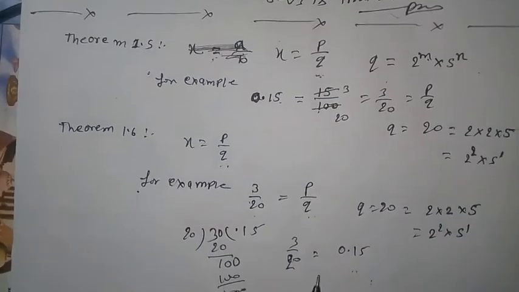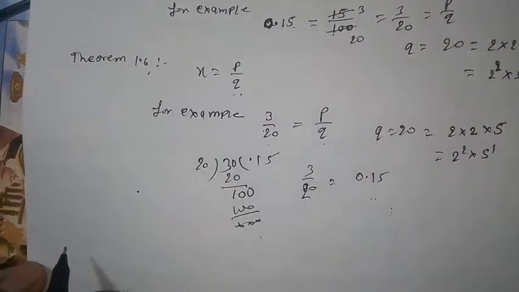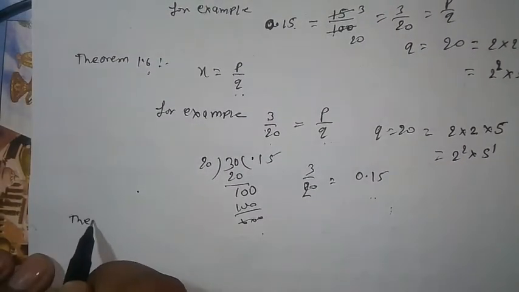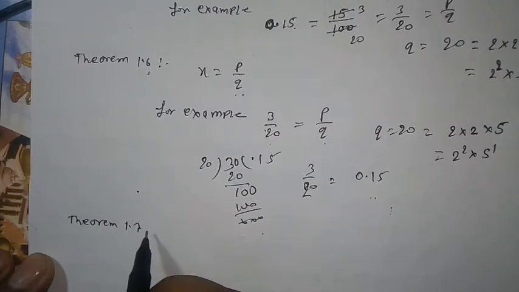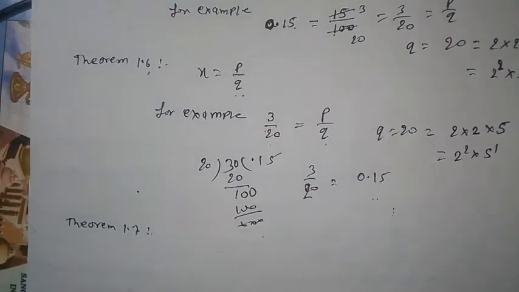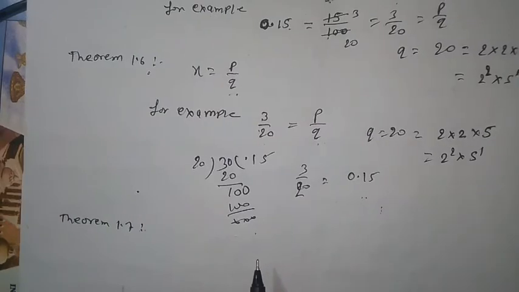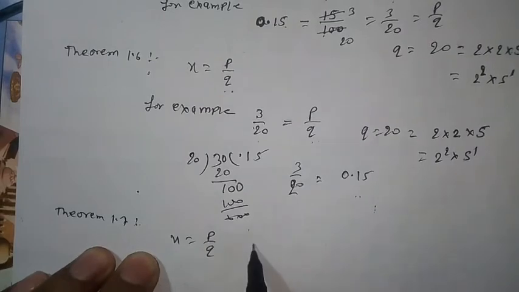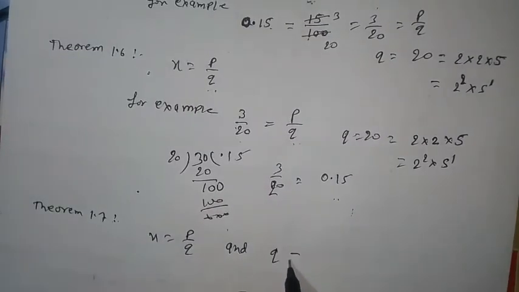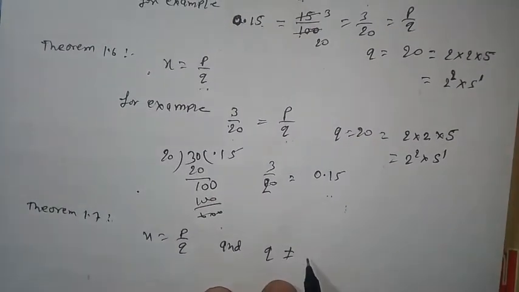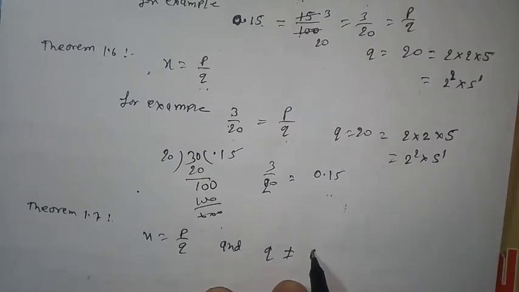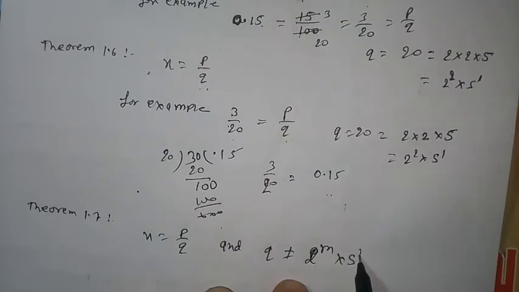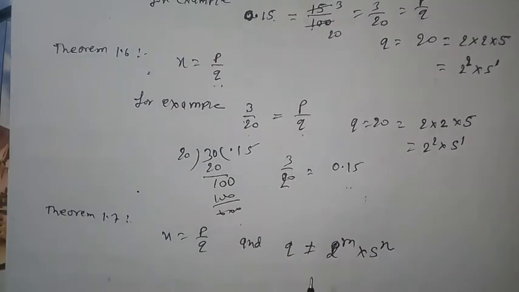Okay, the next theorem, 1.7. This theorem says if x is equal to p by q and the prime factorization of q is not in the form of 2 to the power m into 5 to the power n, then this number is non-terminating repeating.